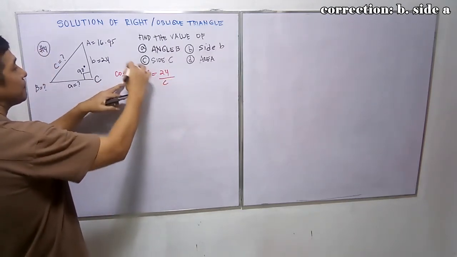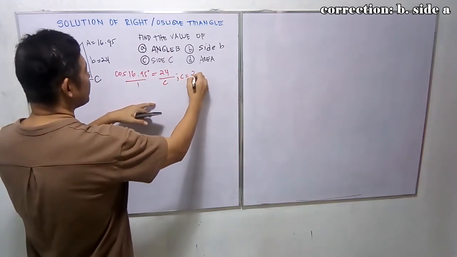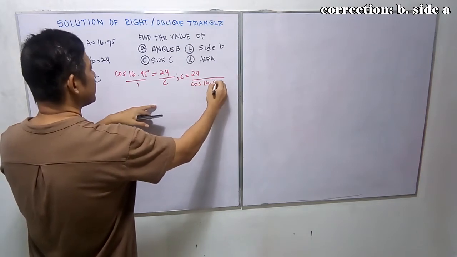Therefore, pwede natin pagpalitin yung position. Ang mangyari po ay C equals 24 over cosine of 16.95.